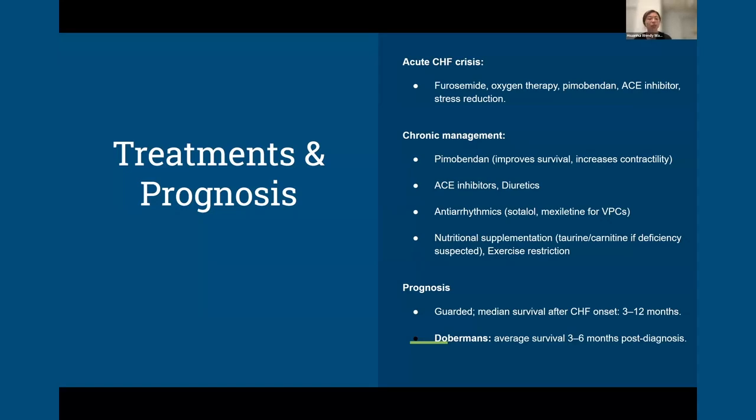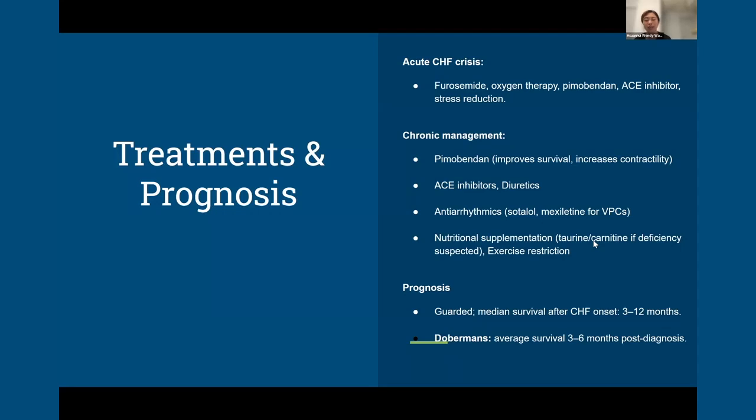Make sure that your patient is on a nutritionally balanced diet, and also reduce exercise and reduce stress so their heart is not working overtime or beating too fast, and they're not so stressed out that their heart can't really deal with the arrhythmia.